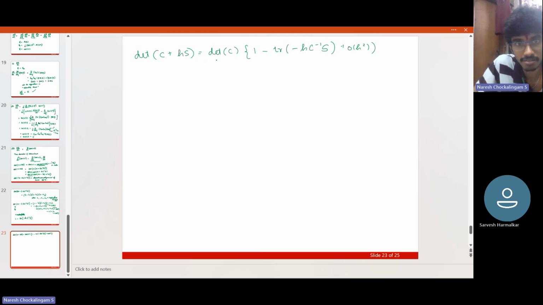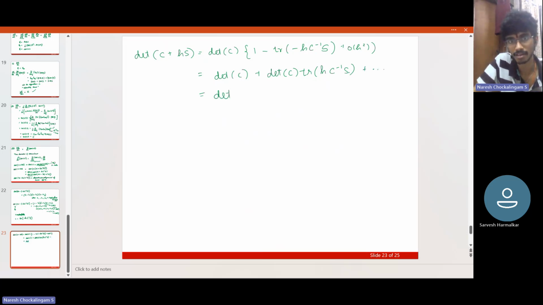So doing the multiplication, minus trace is linear in its argument, so minus can come out. So plus determinant of C multiplying trace of H C inverse S. H is scalar, so it is determinant of C plus H determinant of C trace of C inverse S plus higher order terms.